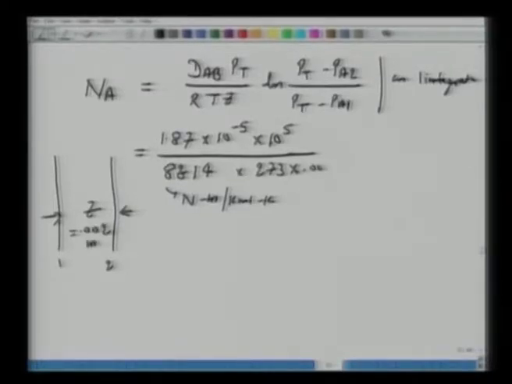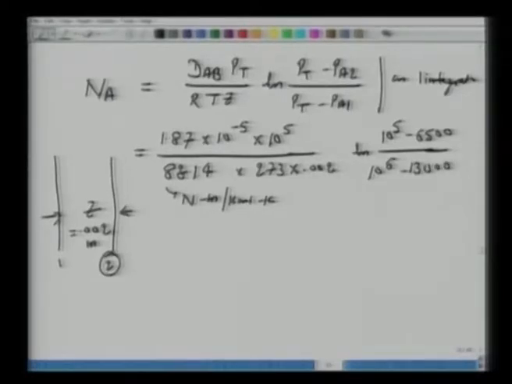So, 0.002 into ln of total pressure 10 to the power 5 minus partial pressure at location 2, which was given as 6500, over total pressure 10 to the power 5 minus partial pressure at 1, which was given as 13,000. Substituting and solving, we obtain 2.968 times 10 to the power minus 5 kilomole per meter square per second.